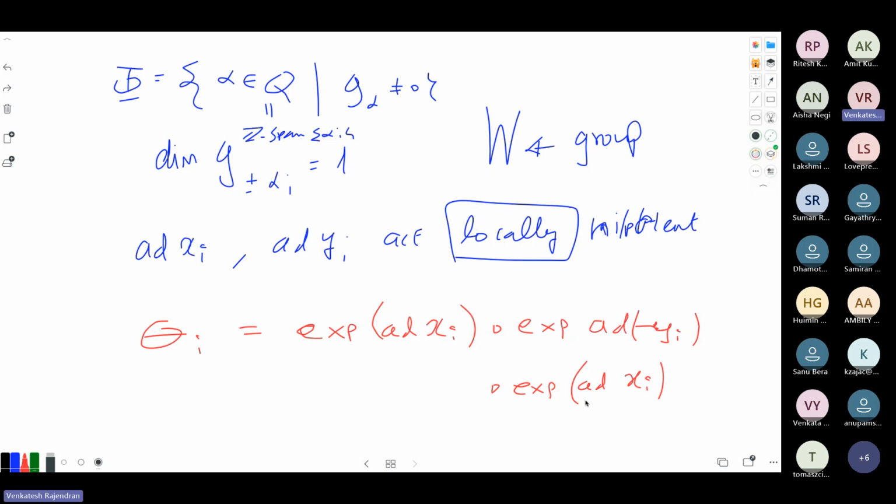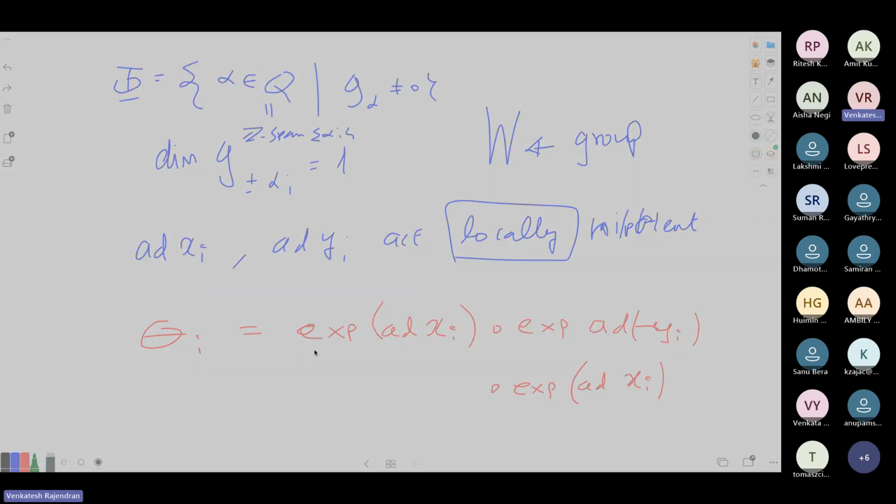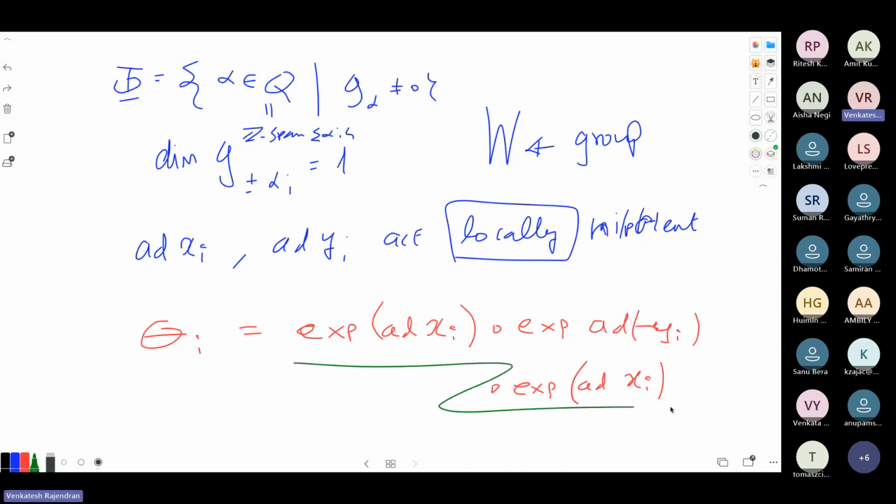Inside that, if you are interested in the Weyl group, then you have to take this particular exponential. This exactly acts as SI when you restrict to the cartan. So theta I restricted to the cartan is SI. This is motivated again from the semi-simple algebra theory, and it is not hard to check. This is very easy to check.